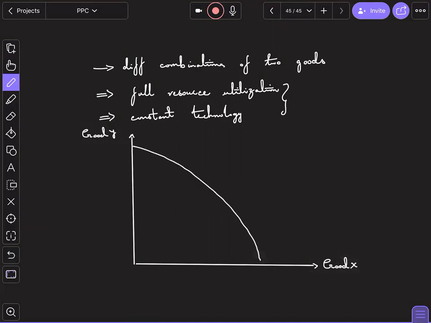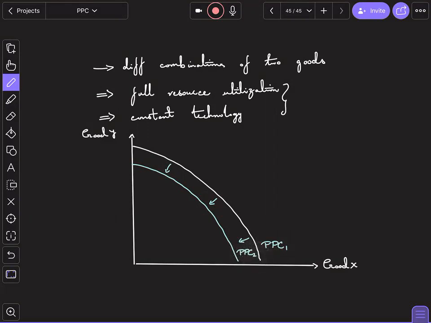Whenever there is a fall in the productive potential, whenever there is an economic recession, or whenever there is negative growth, what happens is that basically your PPC shifts inward. So there will be an inward shift of your PPC from PPC 1 to PPC 2.